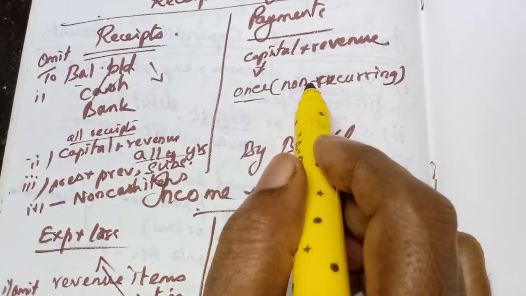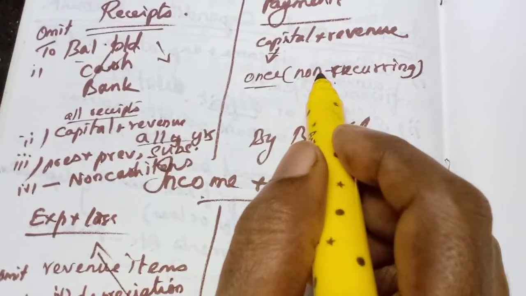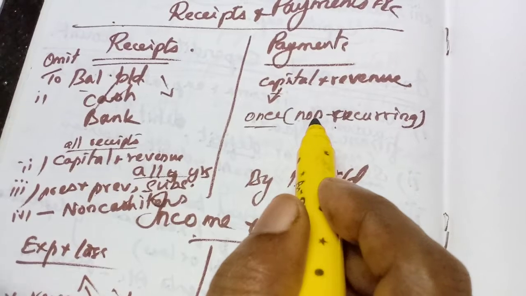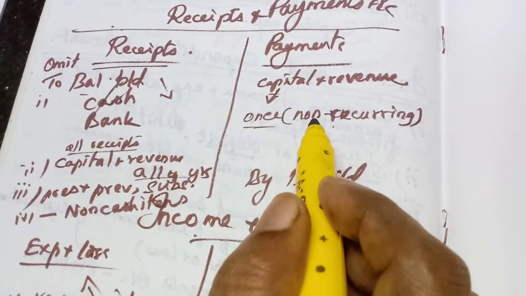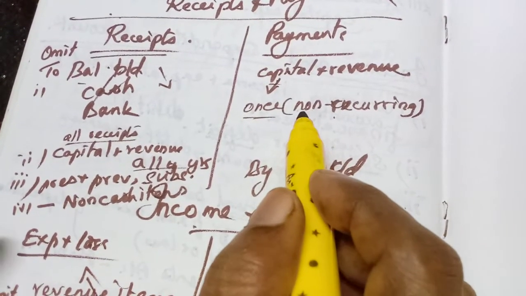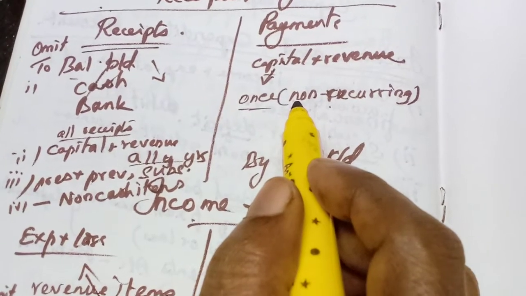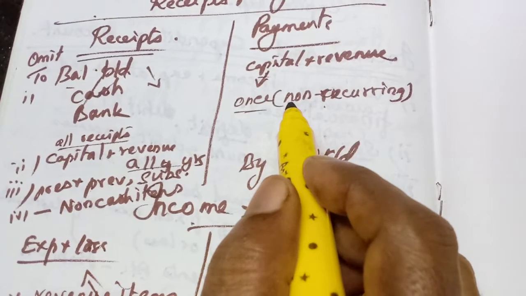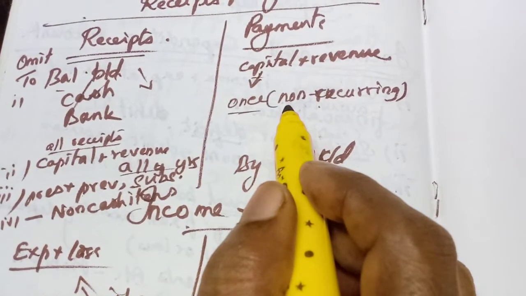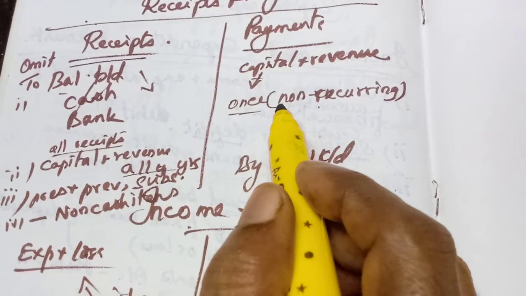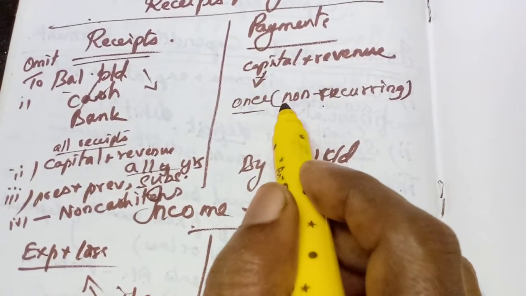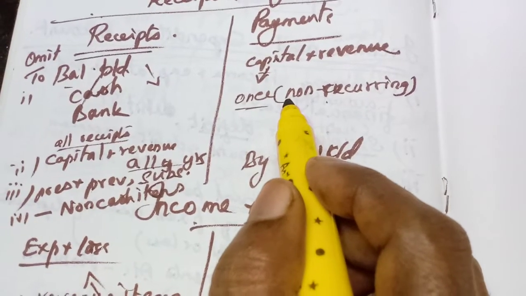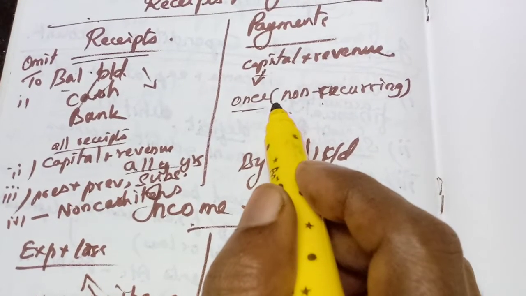Many items we have learnt already, what are the revenue nature of expenses and income, and the capital nature of income and expenditure. This one you have to study from the book, or if any new items are given, you can ask your own. First you have to see which type of organization it is, a non-profit organization, whether sports, promoting education, or a library.